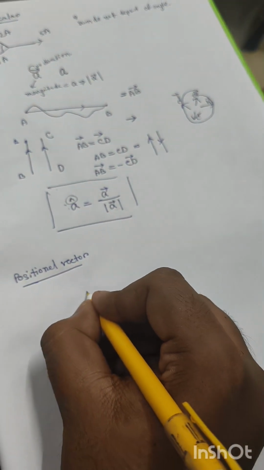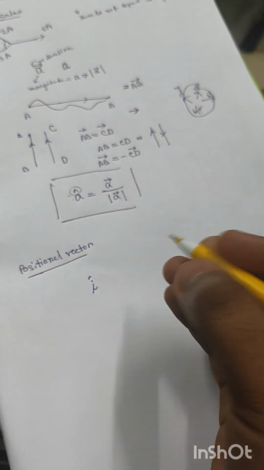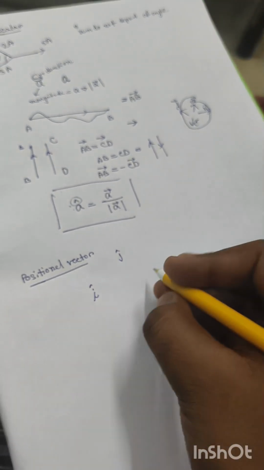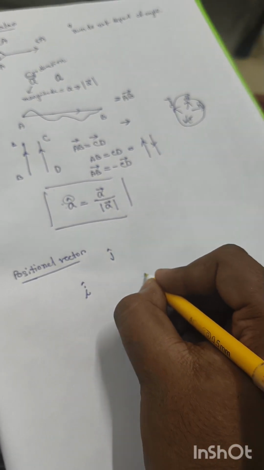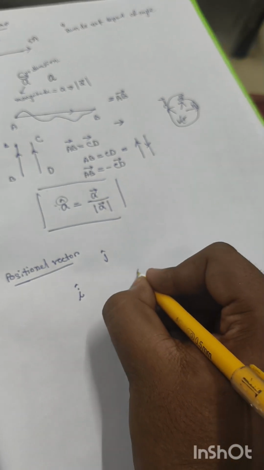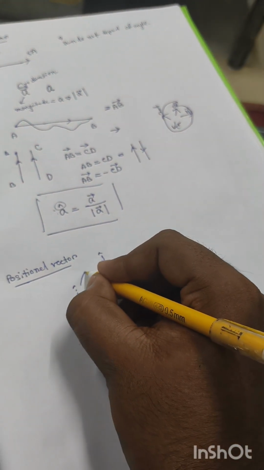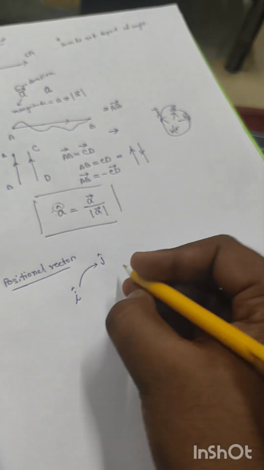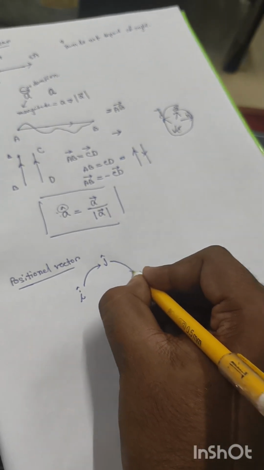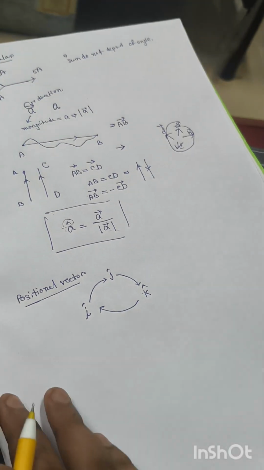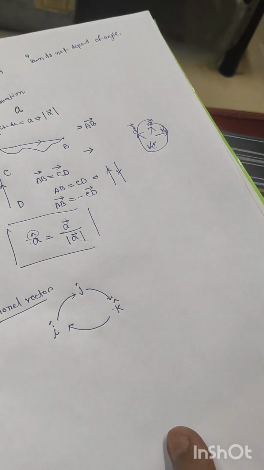For x we say i cap, for y we say j cap, and for z we say k cap. And for this we follow a clockwise manner.